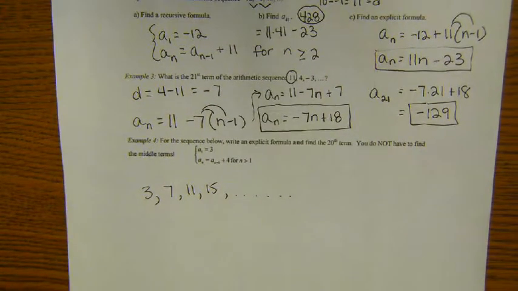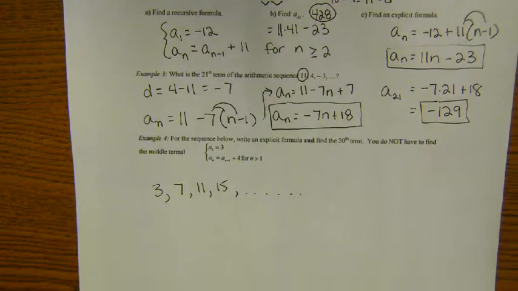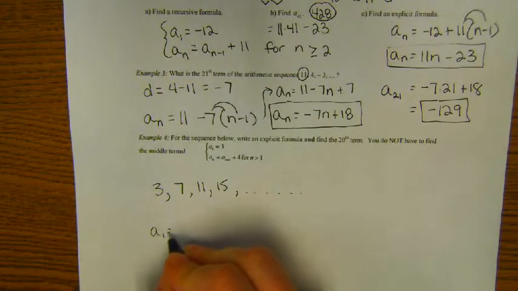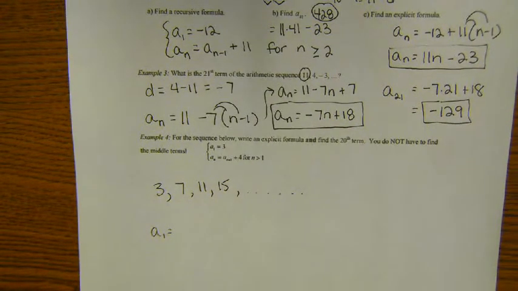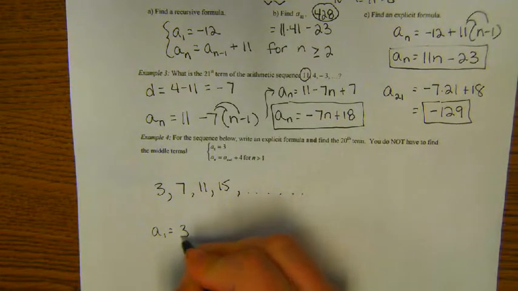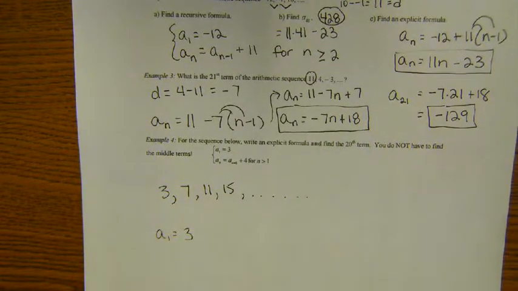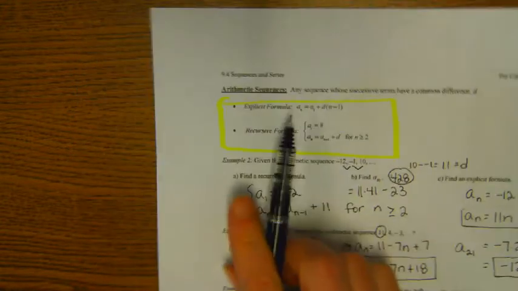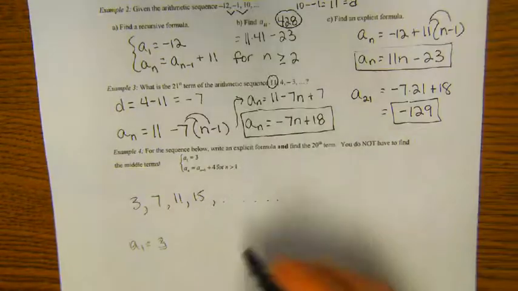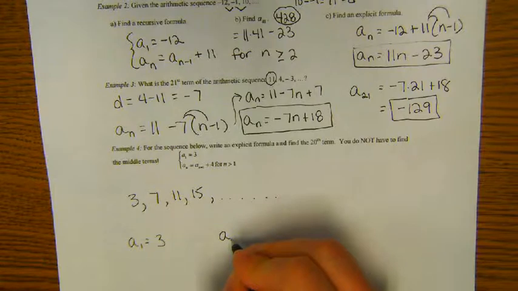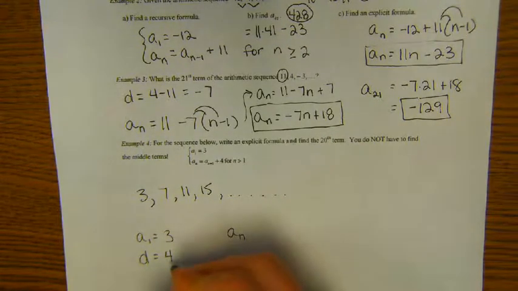So let's find its explicit formula. First we need the first term, which is 3. Okay, so I'm going to plug that in up here. So in general, and then I need the common difference, which is 4.